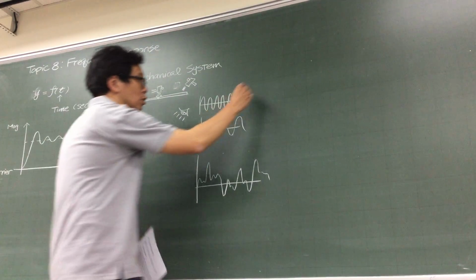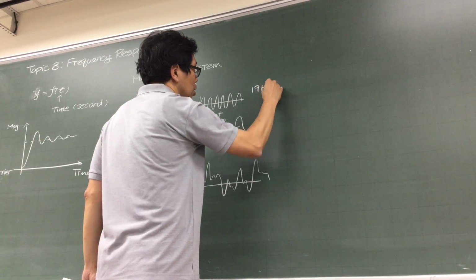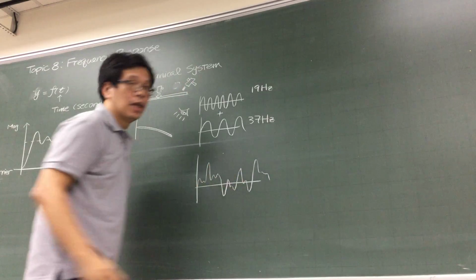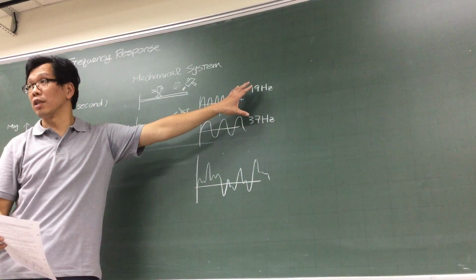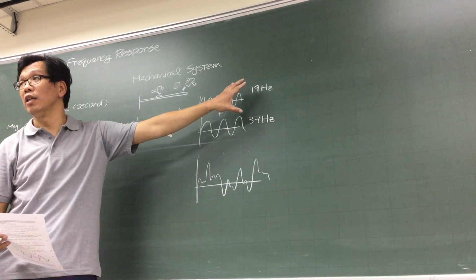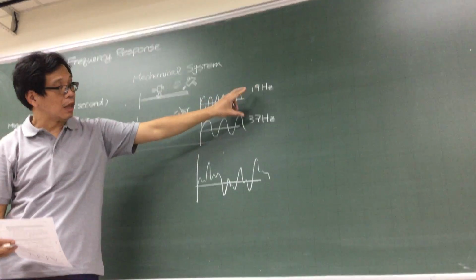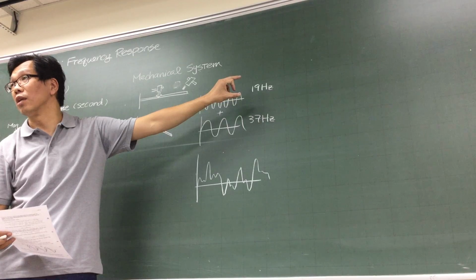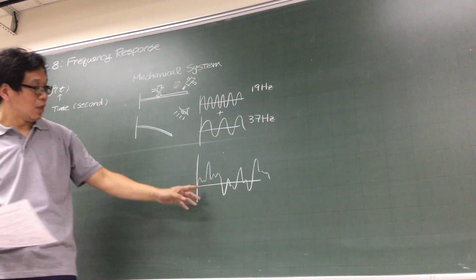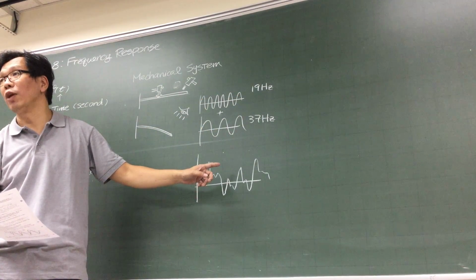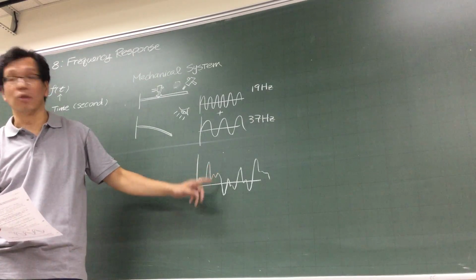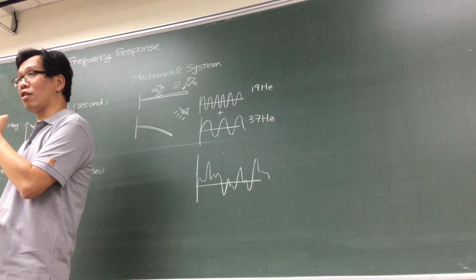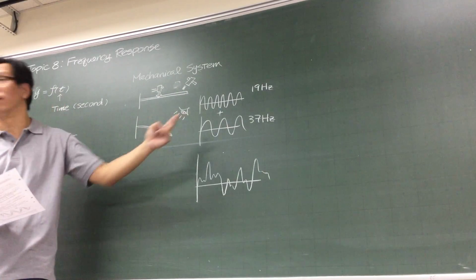If this one is 7 Hertz, 19 Hertz, this one is 37 Hertz, they are not close to each other, and you cannot find a common number for those things together, so it becomes difficult to visualize what's going on. The signal becomes ugly, even though this is a combination of two periodic signals.